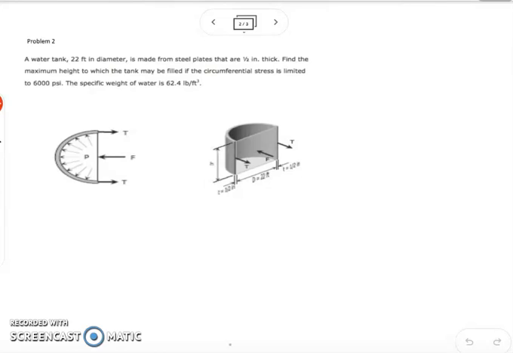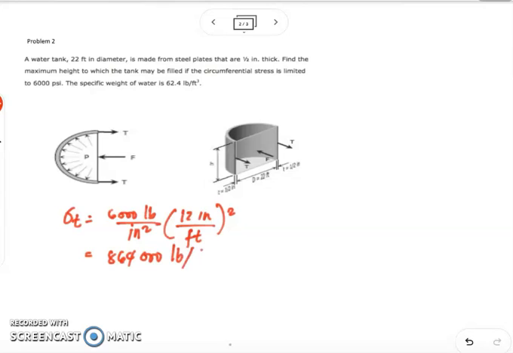And we first have to convert our circumferential stress, since this is in psi. You can convert this to pounds per square foot. So 6,000 pounds per square inch times 12 inches over 1 foot, raised to the second power, gives us 864,000 pounds per square foot. We assume that the pressure distribution is uniform.